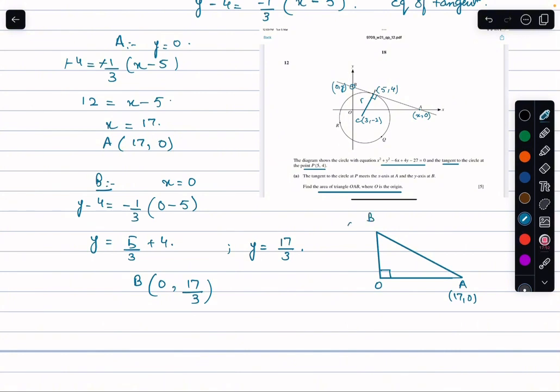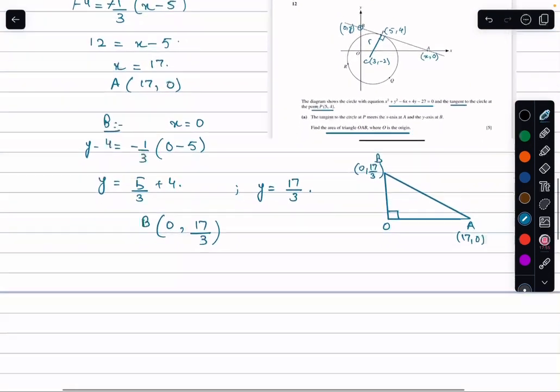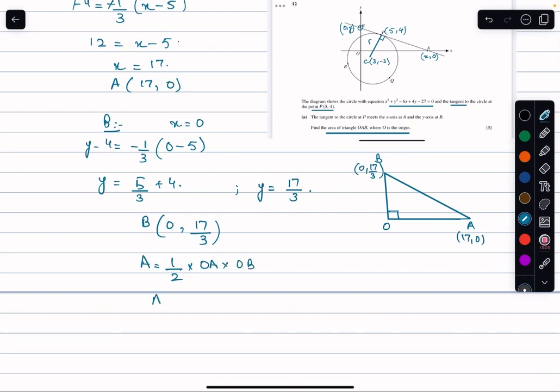B with coordinates 0 and 17 by 3. So that means that for right angle triangle, the area is going to be half into base, which is OA, into height, which is OB. Substituting the values, it's 1 by 2 into OA, which is a 17, and OB, which is a 17 by 3.